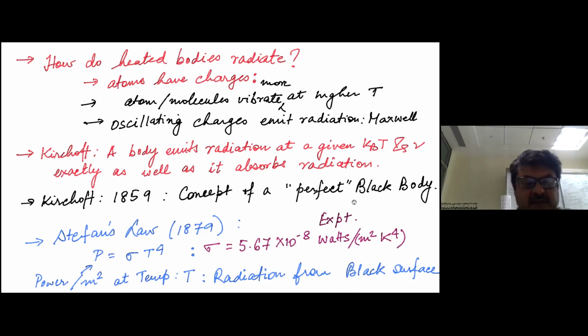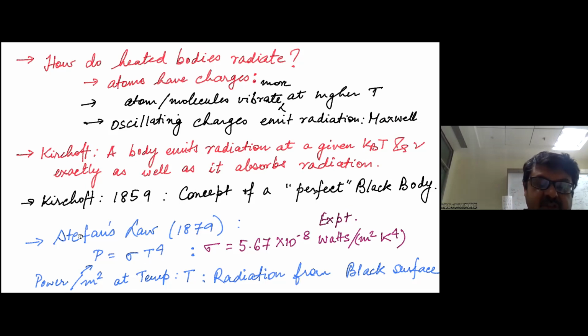Once it was actually postulated, then over the next 20 years, people did experiments, and Stefan's law was postulated in 1879, where he observed that the power, meaning energy per unit time per meter square, emanating from a black body was proportional to T to the power 4.